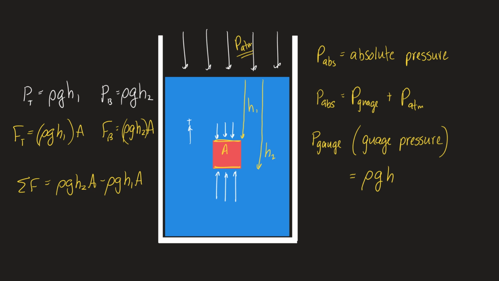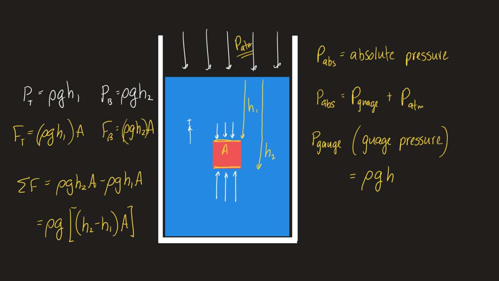Everybody good so far? Okay, here's what I'm going to do. I'm going to collect some things. I'm noticing rho g is the same, so I'm taking rho g out. And then I have h2 minus h1, all times A. I don't know that you have the wherewithal to see what's in the brackets.